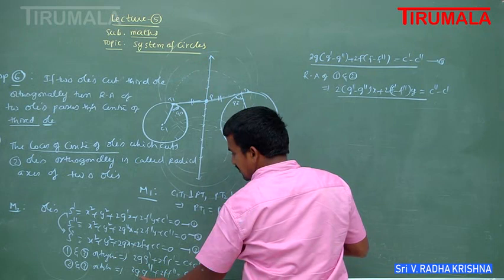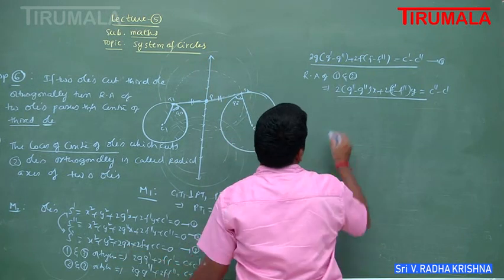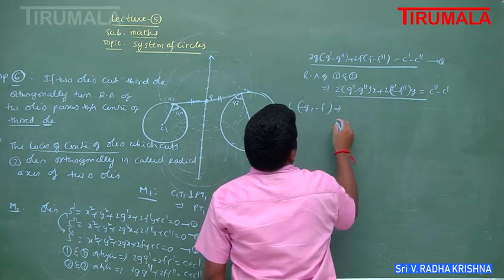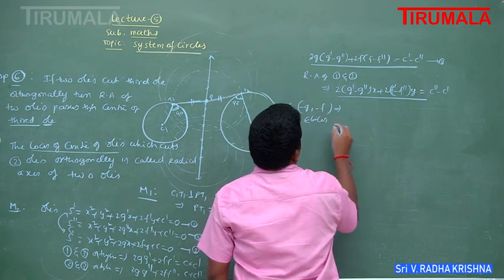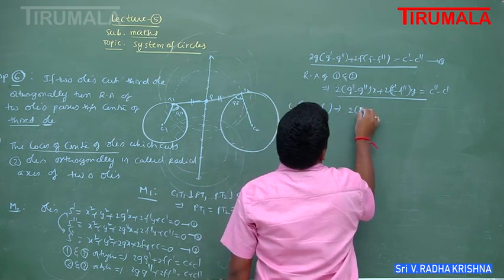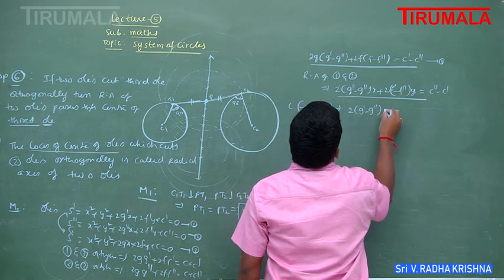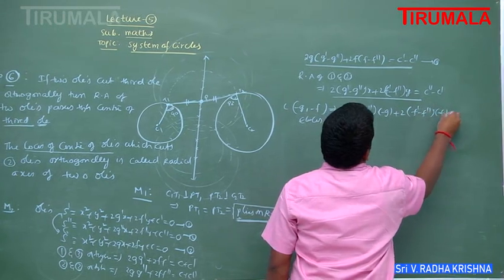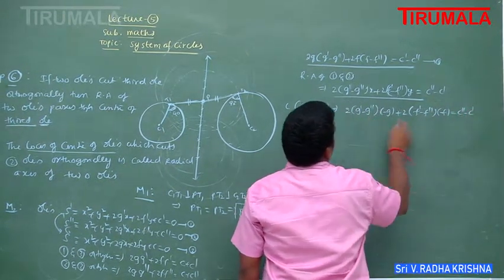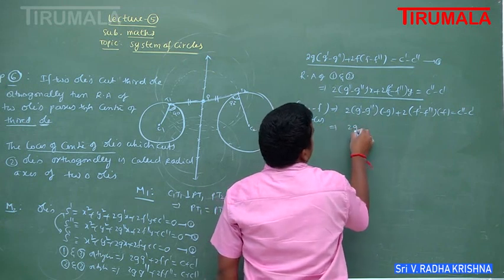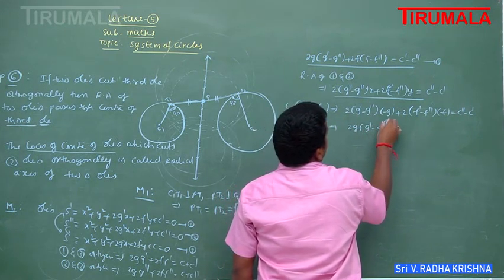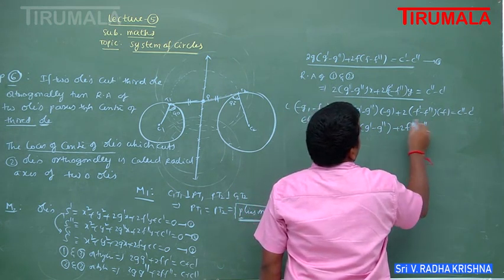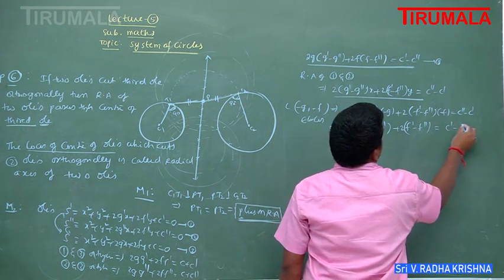Here the center of the circle is (−g, −f). Suppose (−g, −f) is the required circle's center, so it belongs to the locus. So check: 2(g' − g'')(−g) + 2(f' − f'')(−f) = c'' − c. Throughout, multiply by −1, we get 2g(g'' − g') + 2f(f'' − f') equal to the (c' − c'') expression.